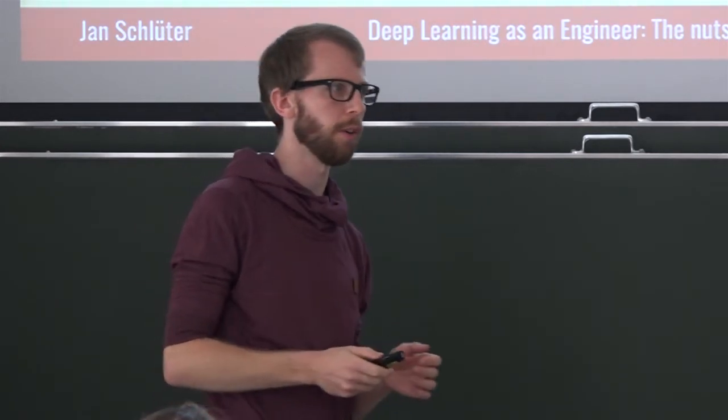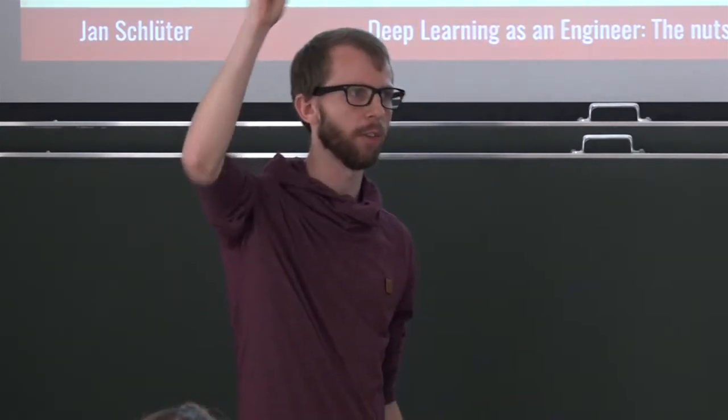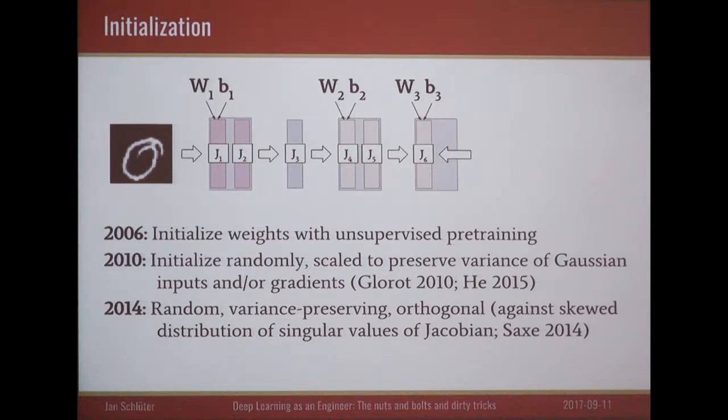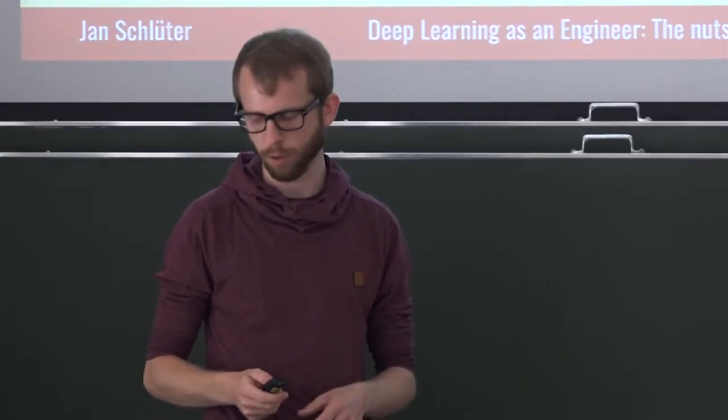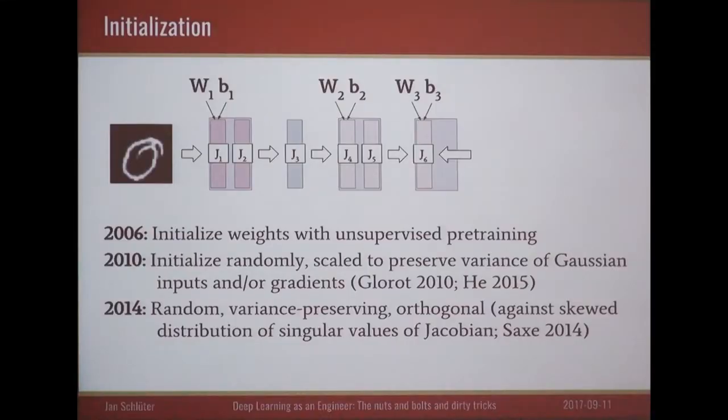So it preserves the variance by emphasizing the variance along some of the eigen directions and squashing the variance in all the other directions, which is probably not very optimal. So he proposed to initialize the weights as random orthogonal matrices instead.